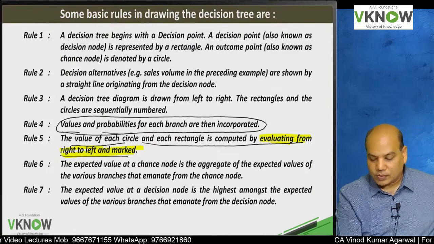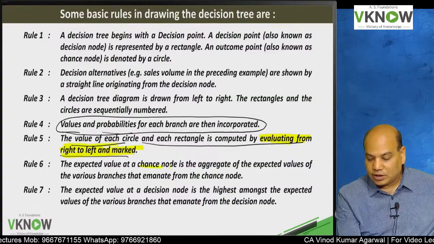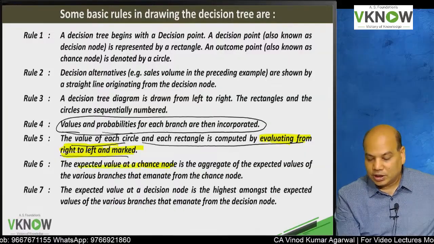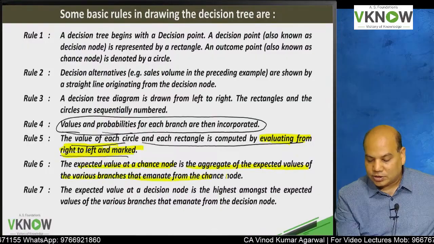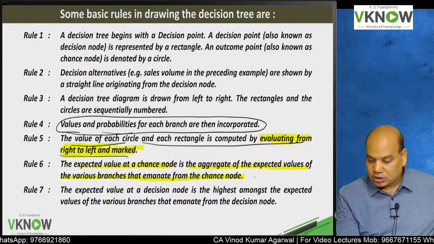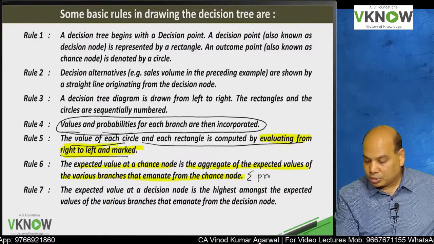So that is how evaluation will be done. If it is a chance node, outcome node, then the expected value is the aggregate of expected values of various branches that emanate from the chance node, which means it is a sum of the probability into values.